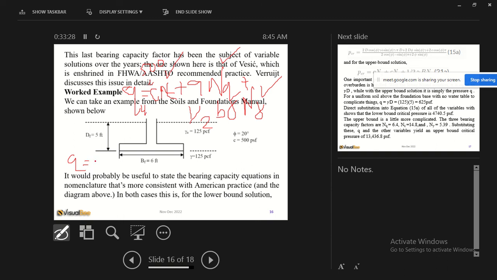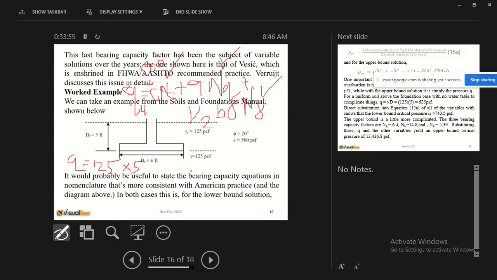We tend to confuse these units because we are seeing PCF, we are seeing feet. That's okay. Just wait. Let's use them the way they are first. So this is 125 times 5, right?